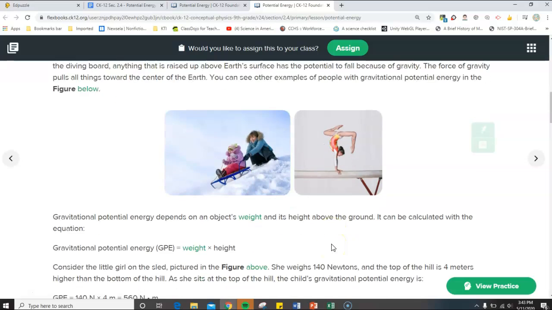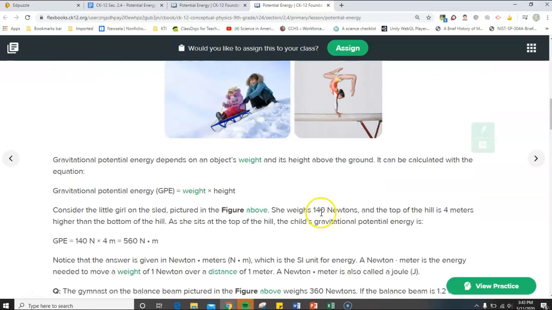Now, gravitational potential energy has to do with two things: the weight of the person or object and the height, how high up the person or object is. So you calculate gravitational potential energy by multiplying something's weight by its height above the ground.